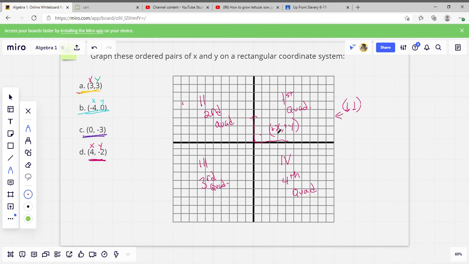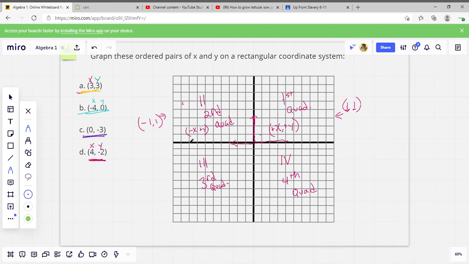On the second, our x is negative numbers, and our y's are positive. So -1, +1 will go into our second quadrant.